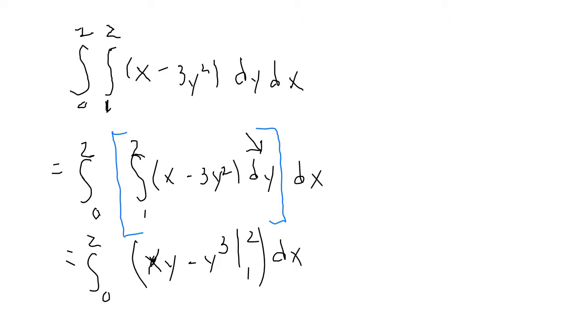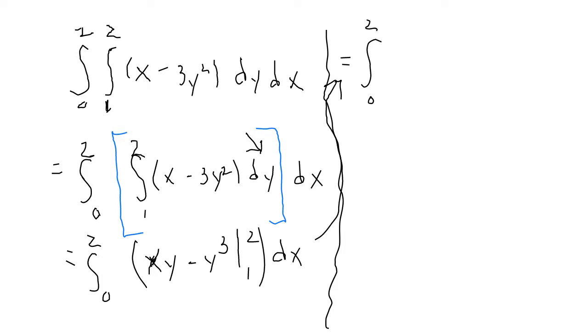Are there any questions so far? All right, well then let's continue. So then going up here, I have the integral from 0 to 2, and I'm going to put the 2 in for the y.